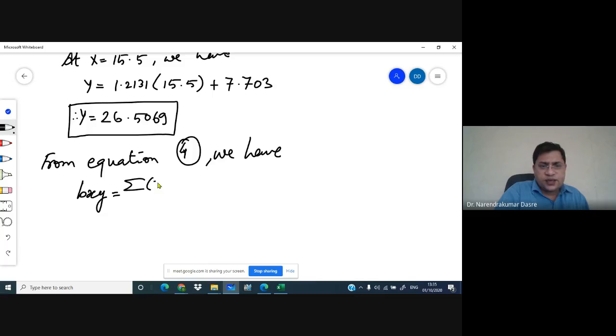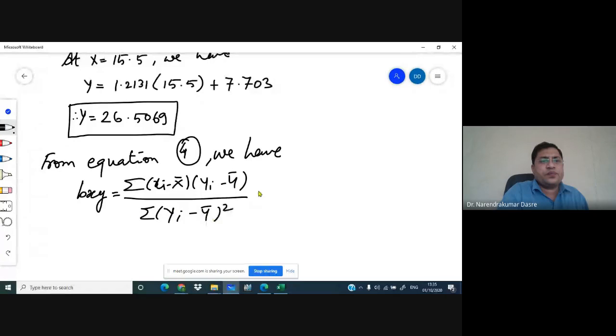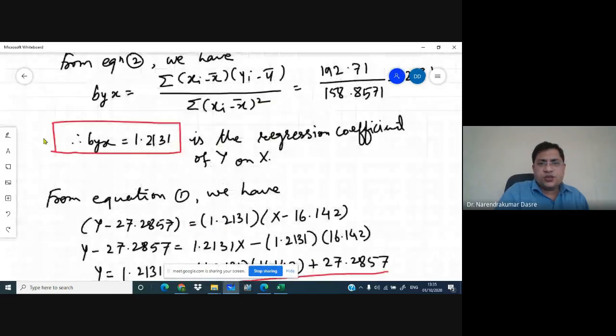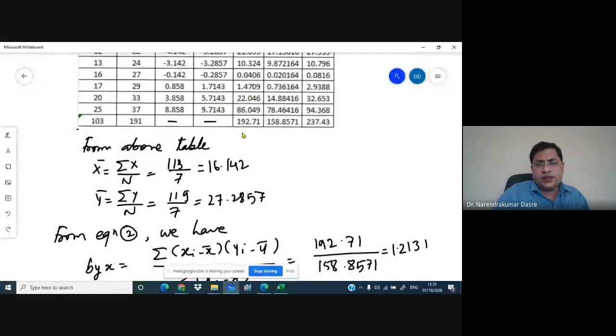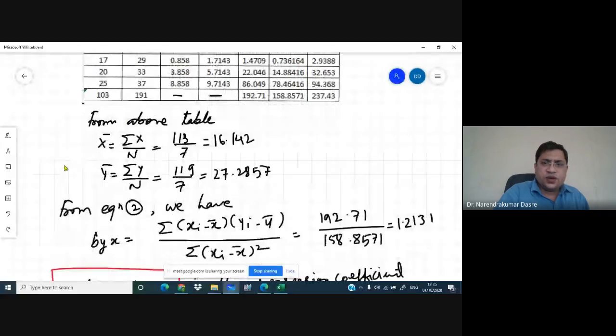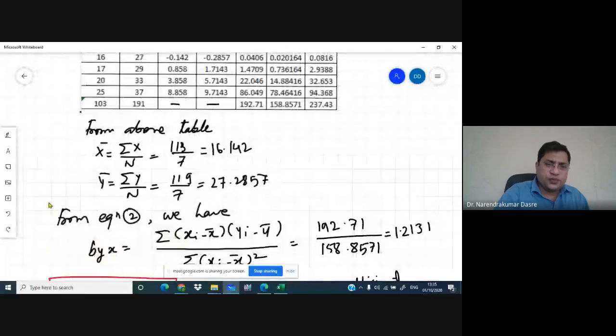So it is summation xi minus x bar yi minus y bar upon summation yi minus y bar square. Okay, so these values we are able to get from the table. So it is 192.71 divided by 237.43.